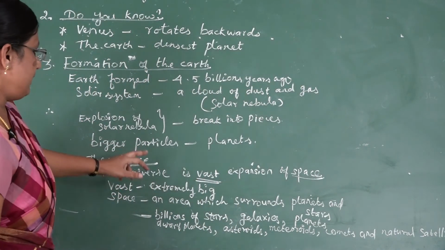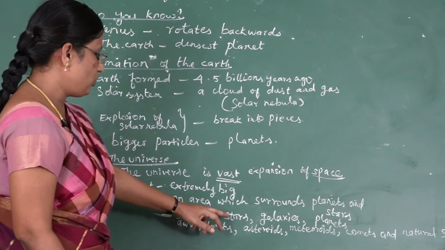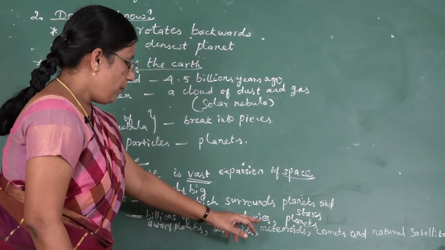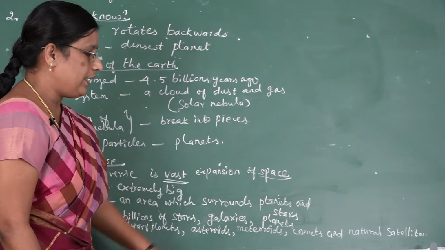So what does the universe consist of? The universe consists of billions of stars, galaxies, planets, dwarf planets, asteroids, meteoroids, comets and natural satellites.